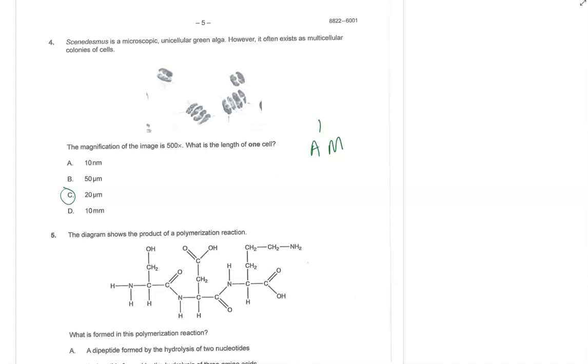So you would have measured one of these lengths. I'm guessing it's going to have been around, maybe 10 millimeters. That's the image size, and you want the actual size, so it's the image size over the magnification. So that's 10 millimeters, converted into micrometers, divided by 500, which gives you 20 micrometers.